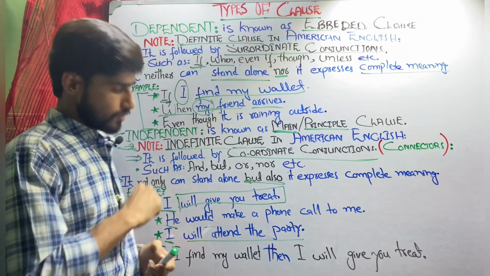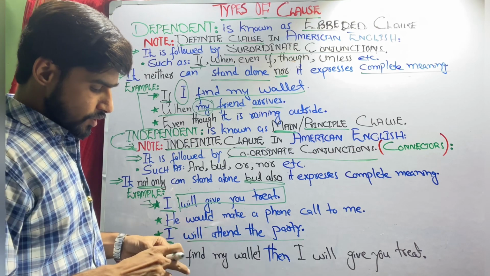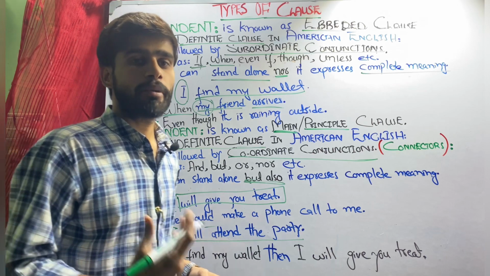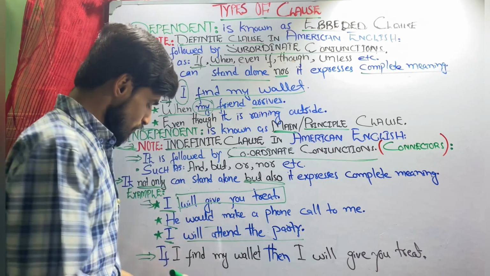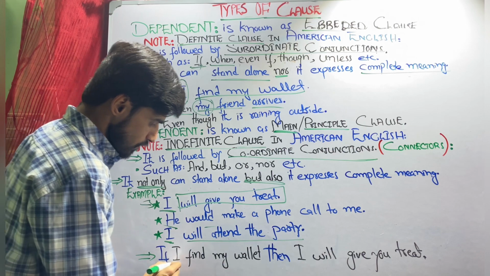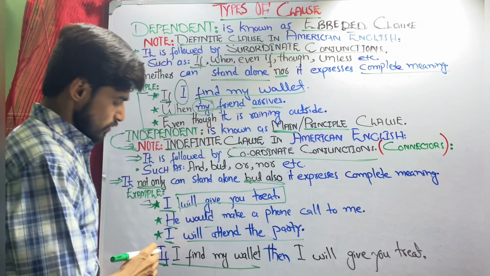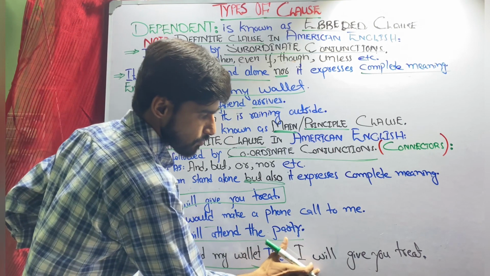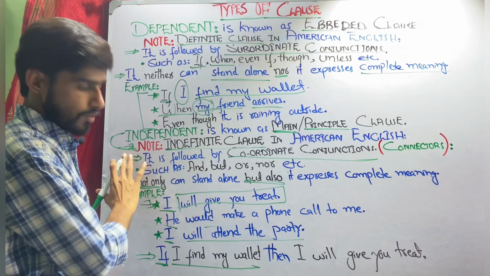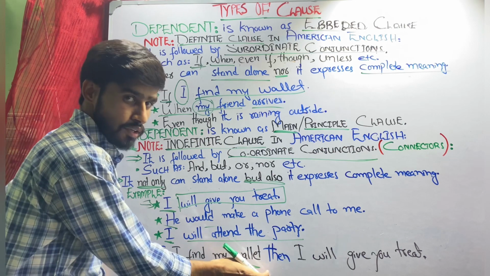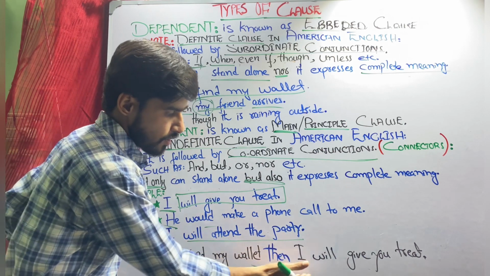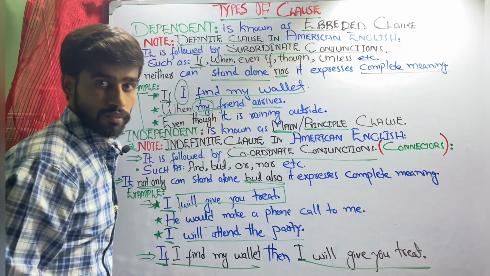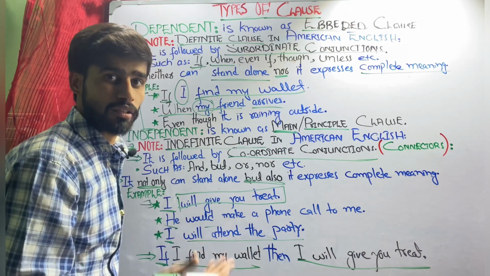Now here, see how a dependent clause needs an independent clause to be completed. "If I found my wallet" is the dependent clause, and this part is the independent clause. If I found my wallet, then what happened? Then I will give you a treat, and this part is known as the independent clause.